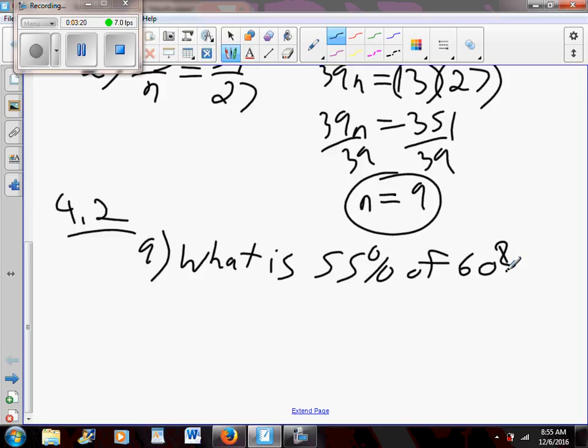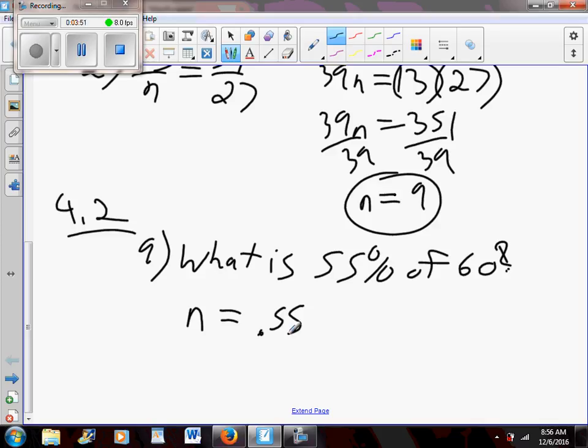I think most of you are somewhat familiar with how to translate a sentence like this into a math sentence. Whenever you see the word what, think a variable, like n for number. Is always means equals. 55%, rewrite that as a decimal, 0.55, by moving the decimal point to the left 2 places.